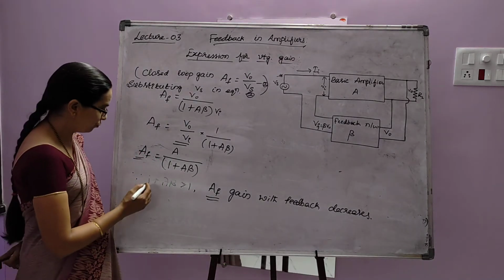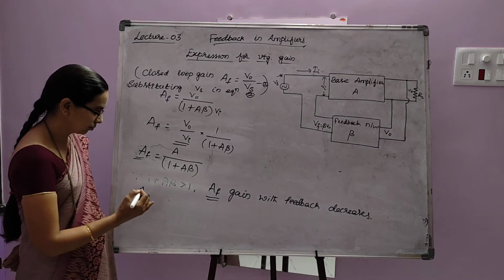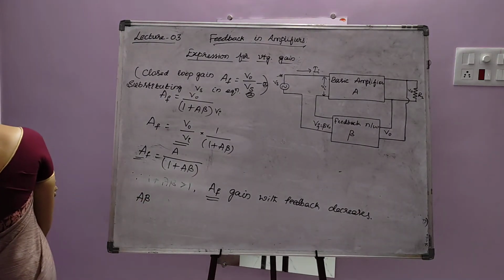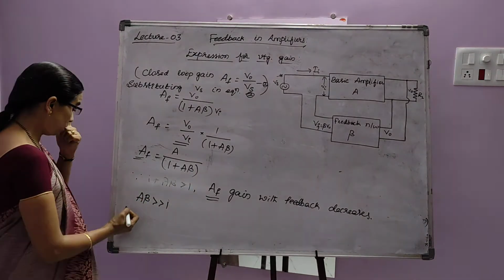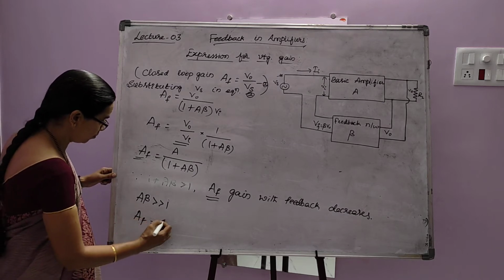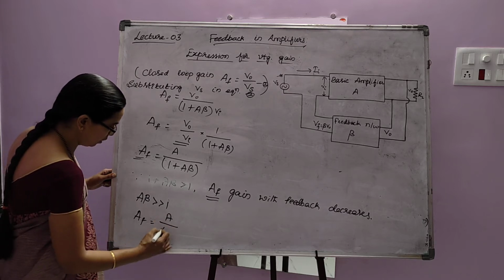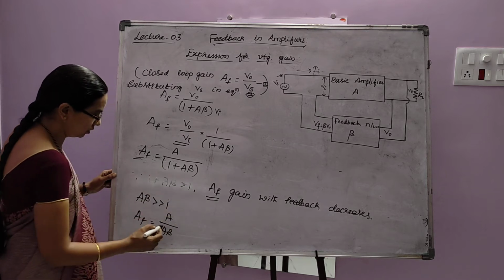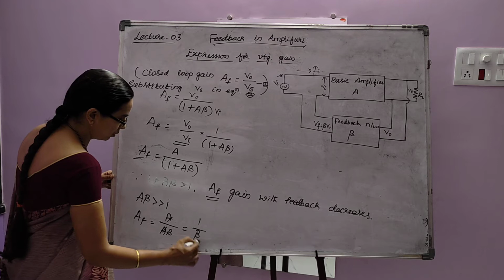So, if A beta is very much greater than 1, then AF will become A by A beta. We will neglect 1 here. So AF is equal to 1 by beta.